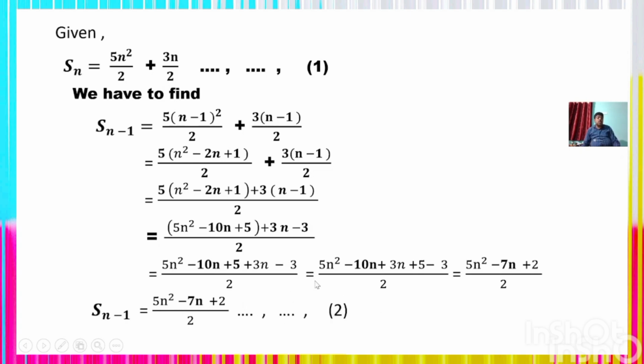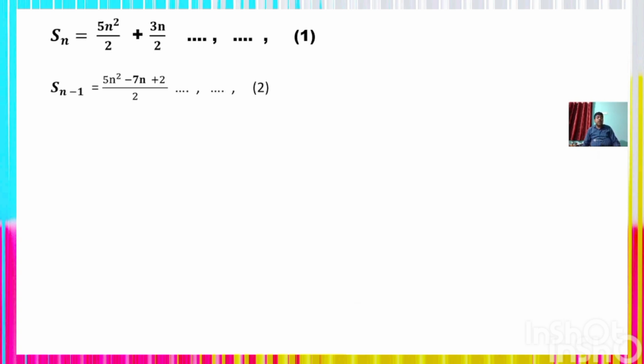Okay, understand? So Sn is equal to 5n square by 2 plus 3n by 2, it is given, and we got Sn minus 1 is equal to 5n square minus 7n plus 2 whole divided by 2. Now we have to find out the general term of the AP, the nth term of the AP, which is an.